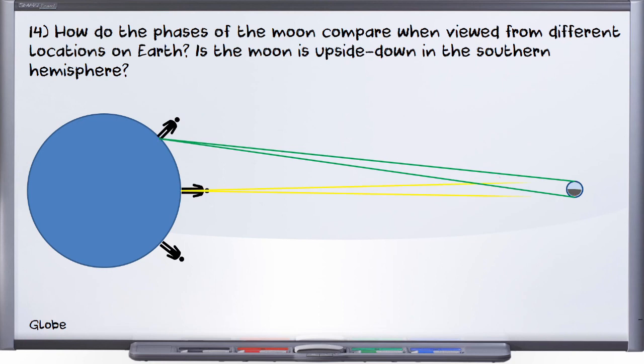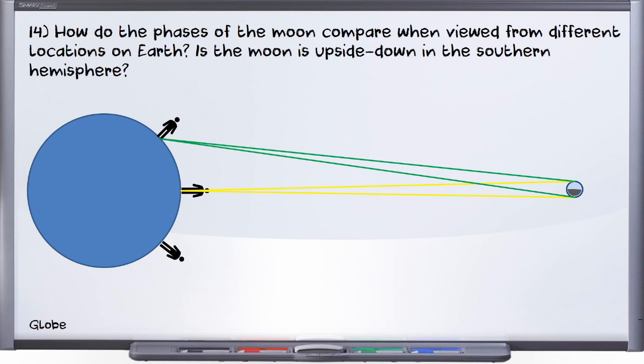And here at the equator, we see the same phase of the moon approximately, but the bright side and the dark side are oriented differently. To him, the bright side is on the left and the dark side is on the right.